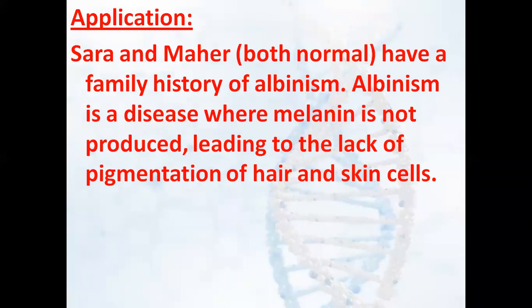So here is the albino man. Whenever the man has albinism, we call him an albino. He has white hair and a white beard and white around the eyes and so on. And this is an albino female.